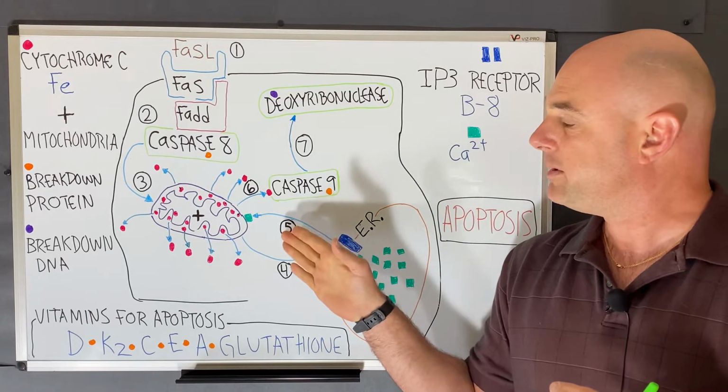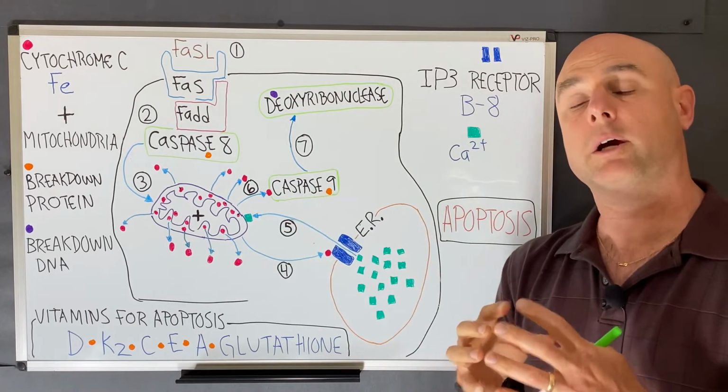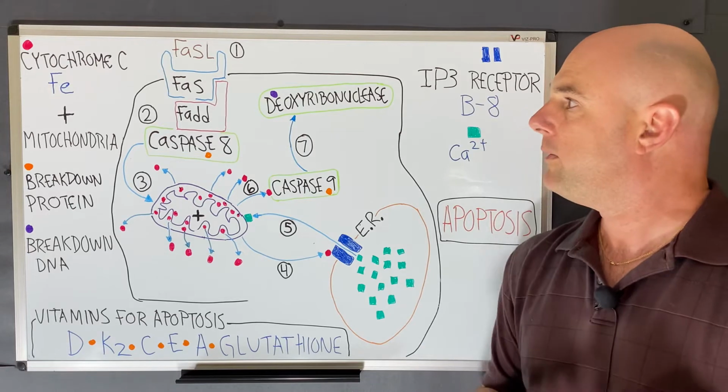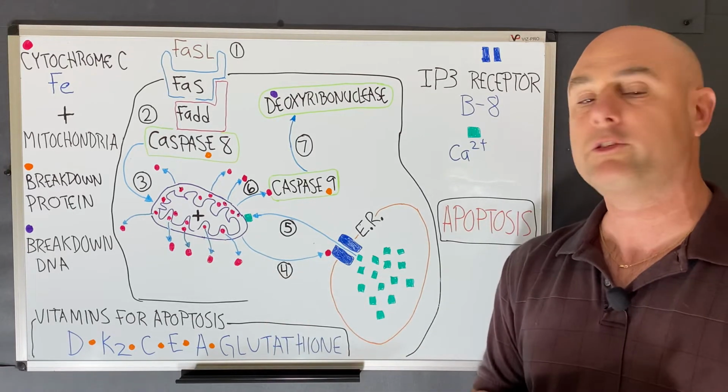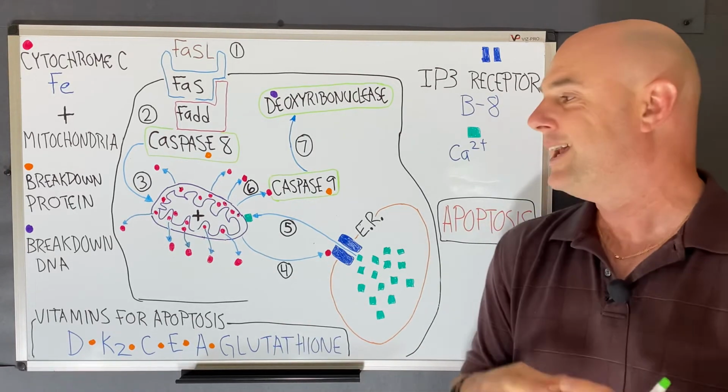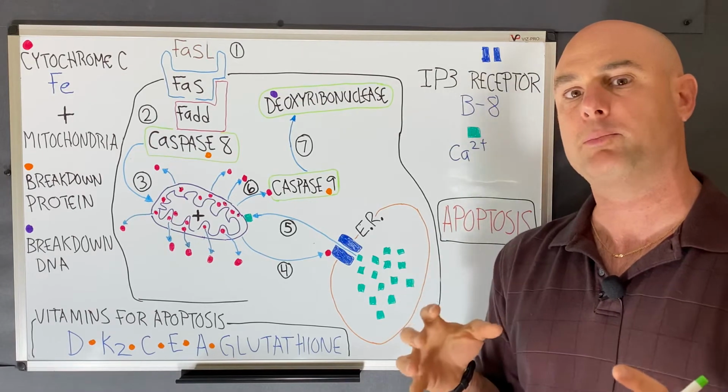And when this happens, the mitochondria becomes more permeable. And when it becomes more permeable, more cytochrome C proteins can leach out into the cytoplasm.